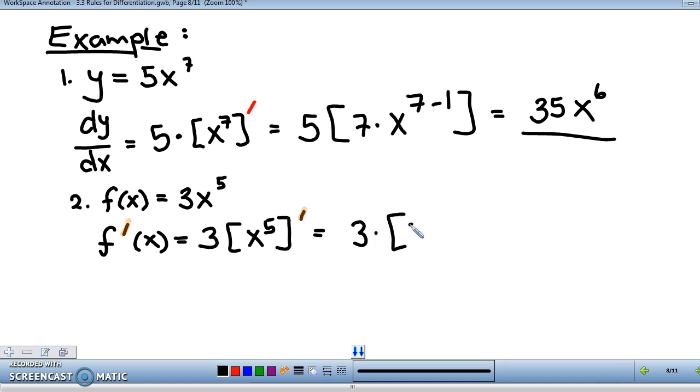Again, not that hard of a problem anymore, now that we know the power rule. So that's just 15x to the 4. Okay?